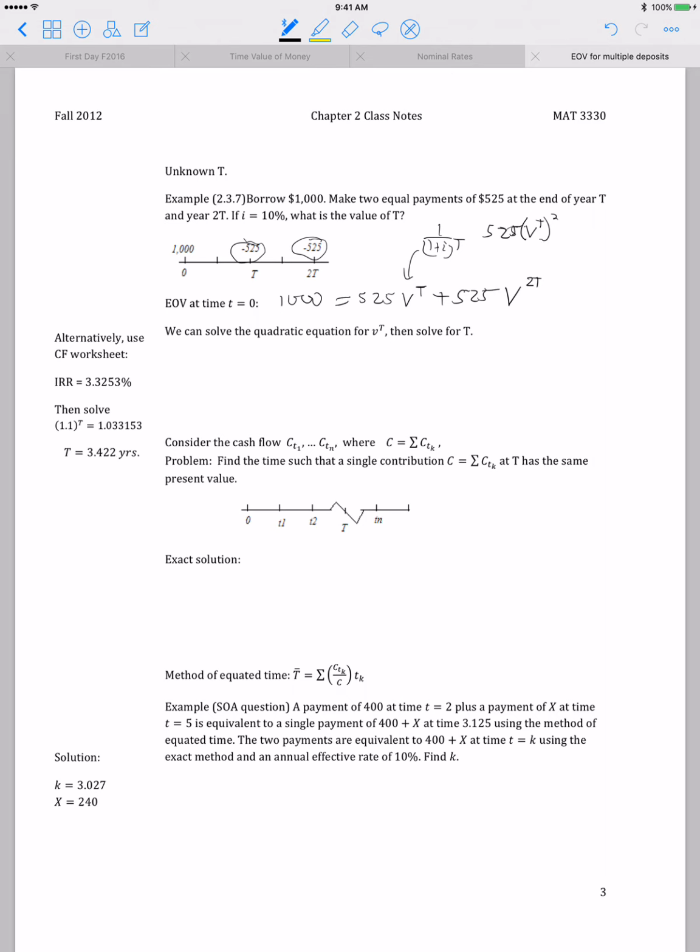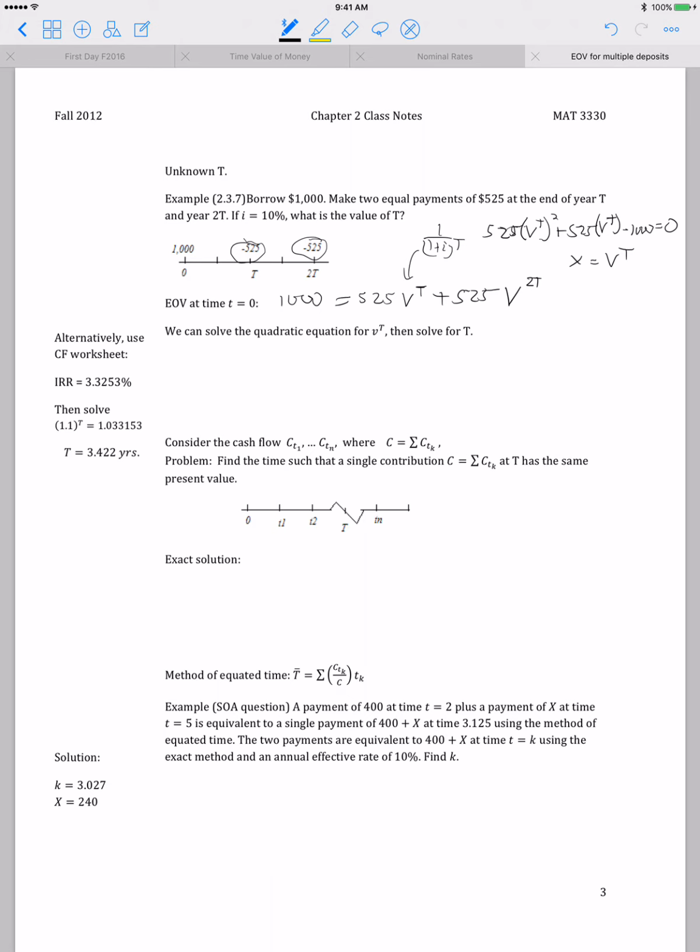So that would be 525 v to the 2t. Now 525 v to the t. And then I subtract the 1,000 to the right side, and that gives me a quadratic equation in the variable x equal v to the t.